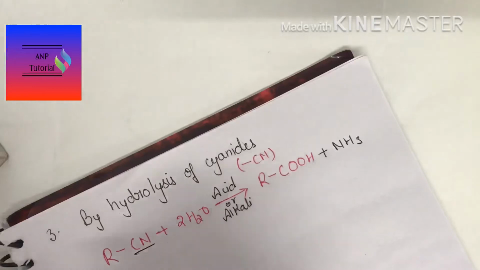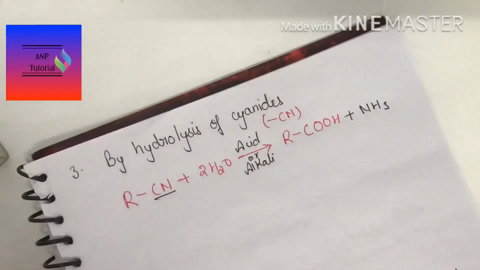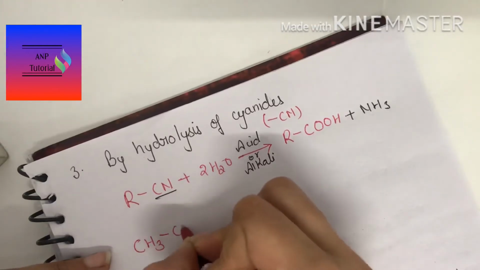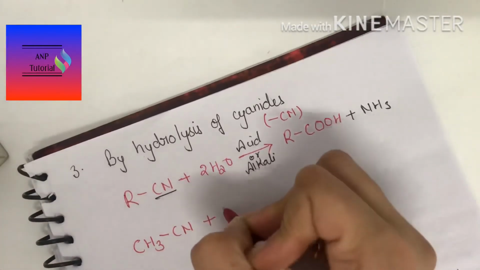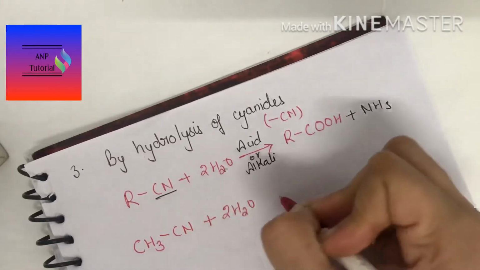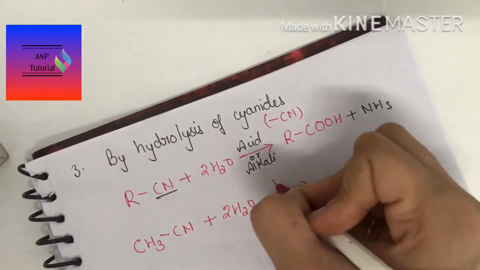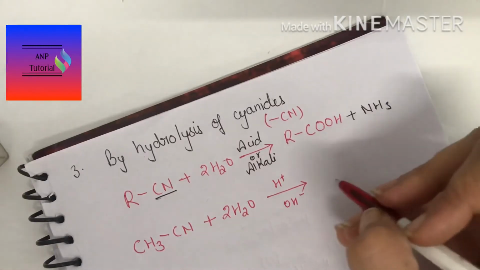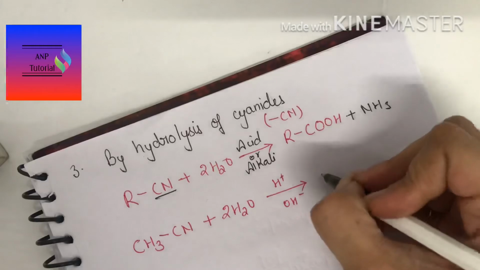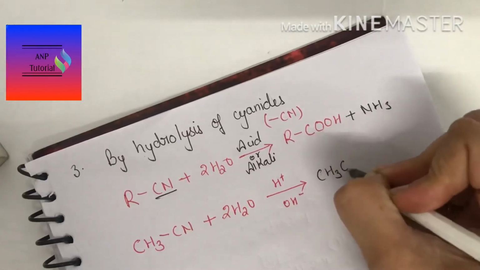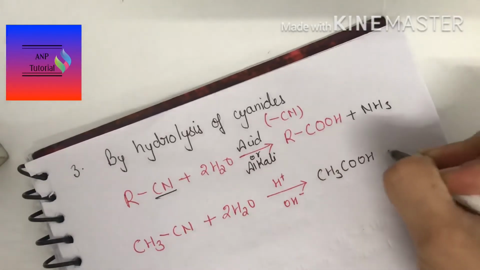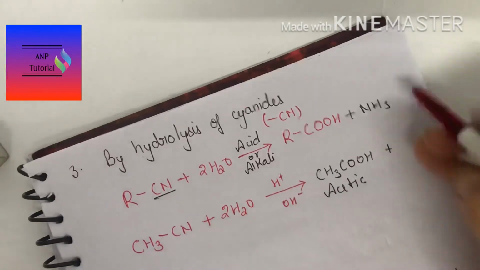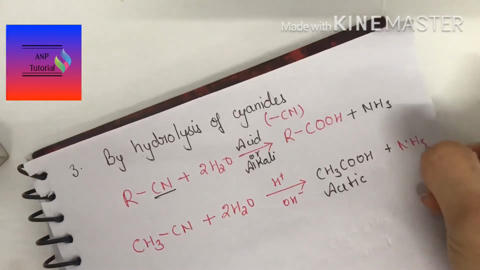Right. Another example, methyl cyanide. Methyl is CH3CN plus water molecule, in the presence of acid or OH negative. Then what will they form? Acetic acid is formed, CH3COOH, and ammonia.